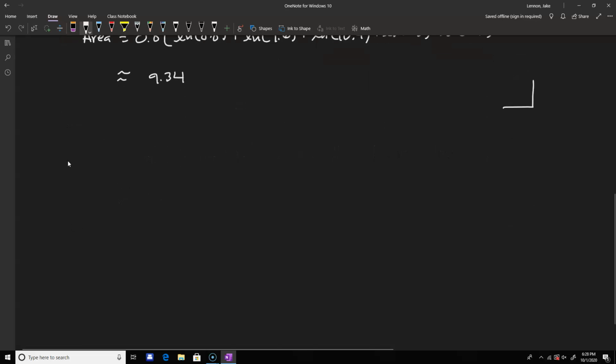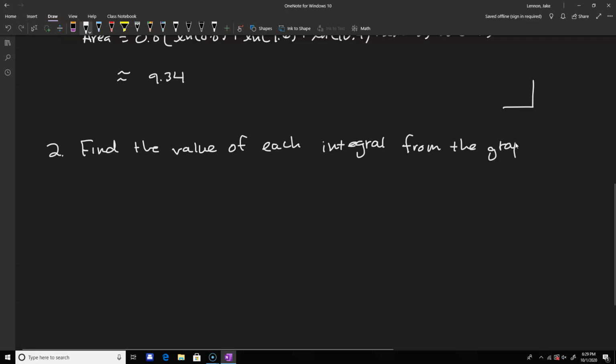Okay, so for number 2, what we want to do is we just want to look at a picture. So we'll say find the value of each integral from the graph. So this is just checking your understanding of the new notation for the integral.